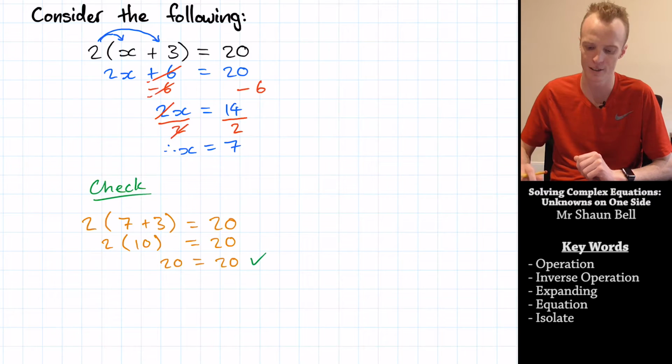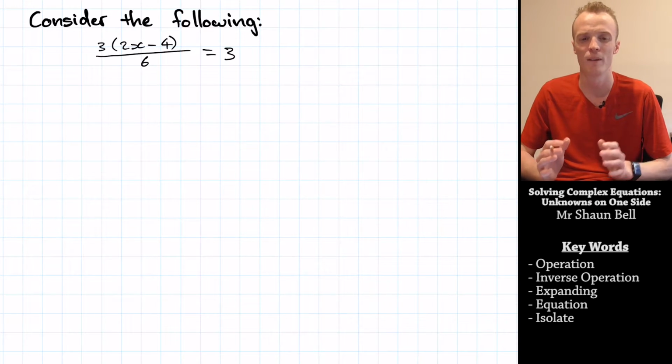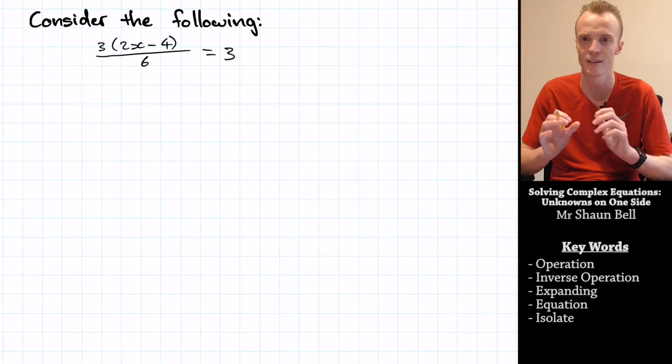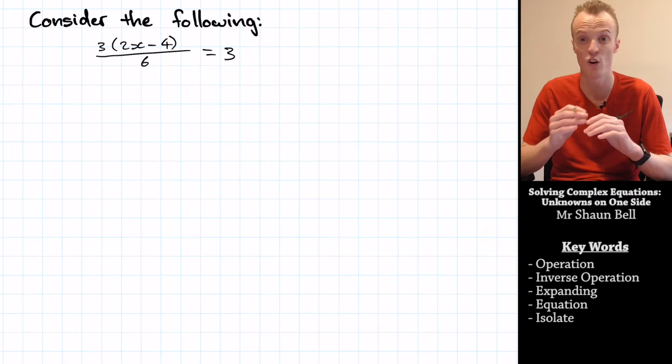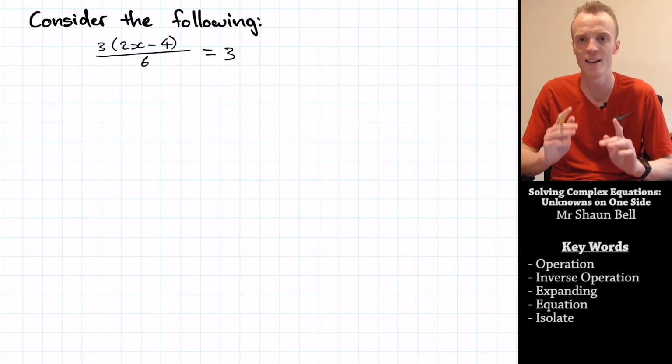But let's take a look at a slightly more difficult problem. What if I've got 3 times everything inside my brackets of 2x subtract 4, and then all of that is divided by 6, and it equals 3. My first step is the same. I need to remove the brackets from my problem.